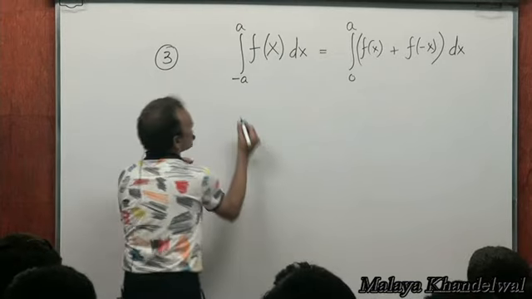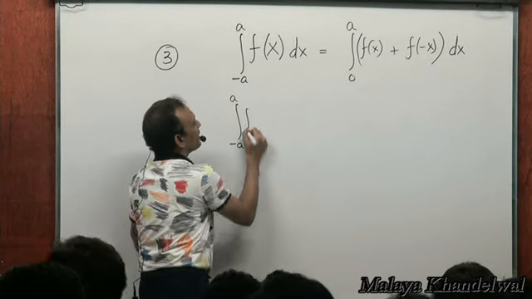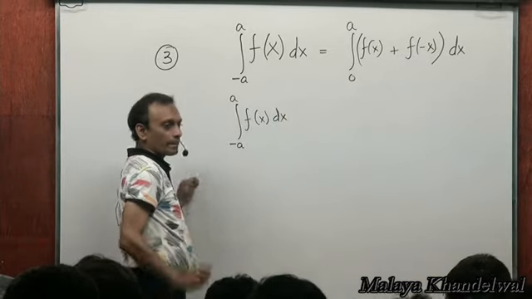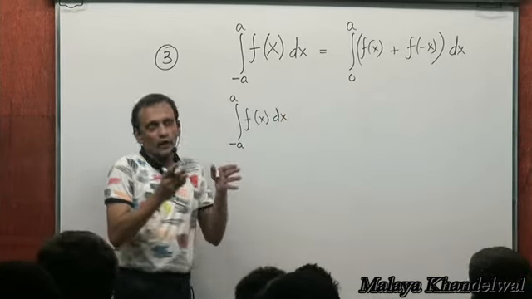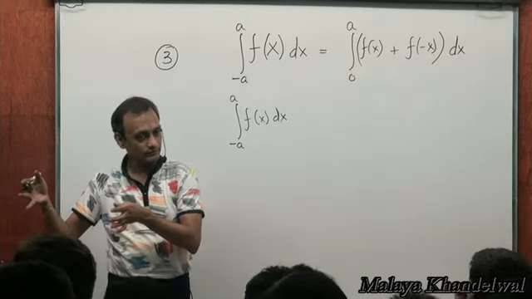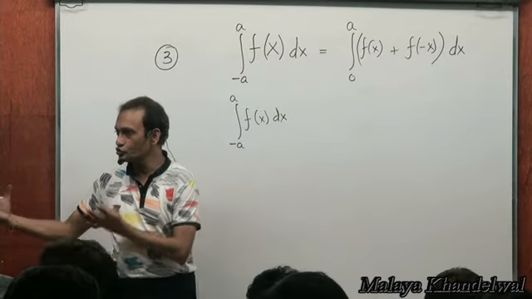Now what we do is start from the left-hand side, minus a to a f(x) dx. I'll take it from minus a to 0 and then from 0 to a.